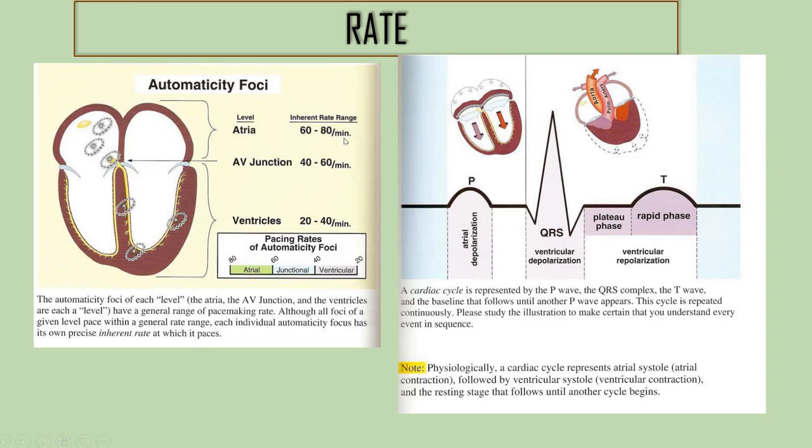Although all foci of a given level pace within a general rate range, each individual automaticity focus has its own precise inherent rate at which it paces. That is atria 60 to 80 per minute, AV junction 40 to 60 per minute, ventricles 20 to 40 per minute.